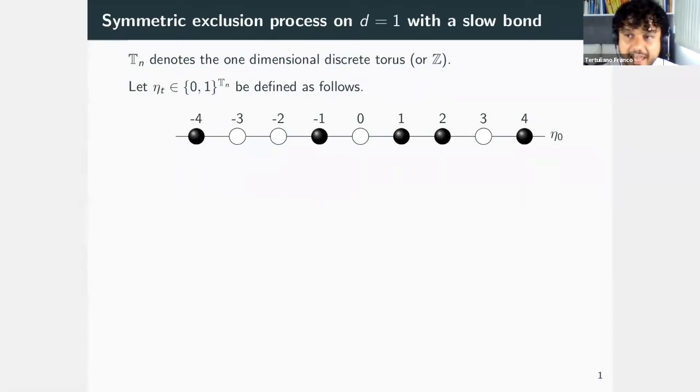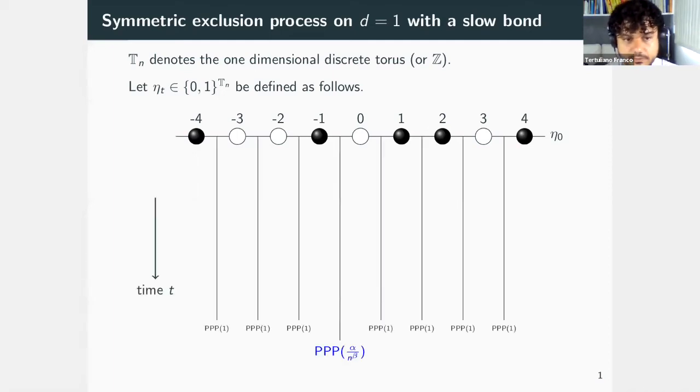To each edge of this graph, we attach a Poisson point process. Time goes downwards, and to each bond we attach a Poisson point process. All Poisson point processes have parameter 1, except a special bond, the slow bond, which has parameter α divided by n^β. Here α and β are positive parameters.